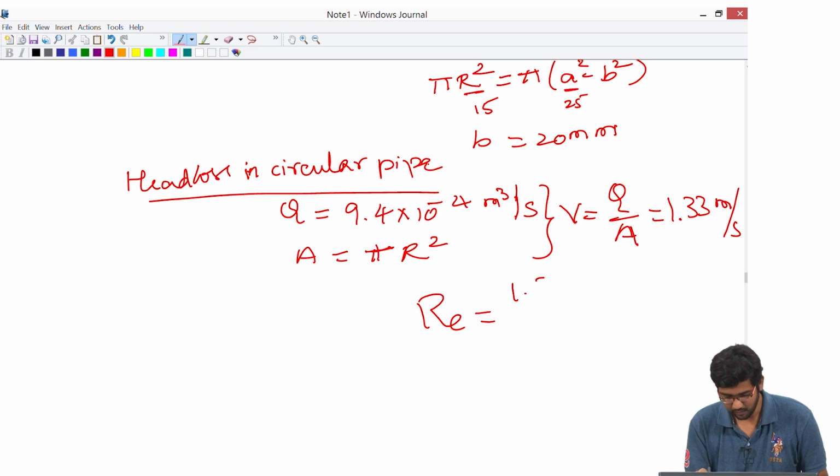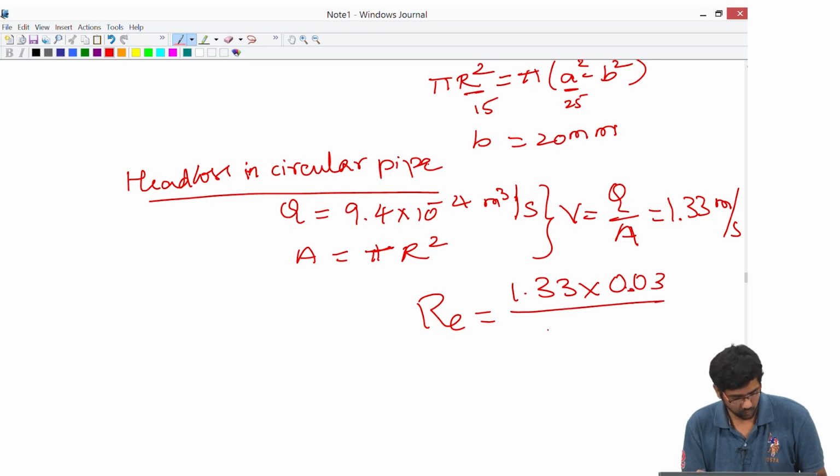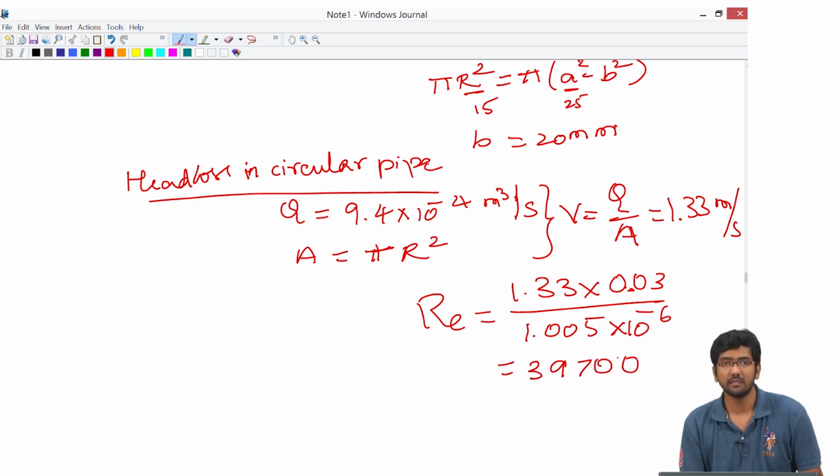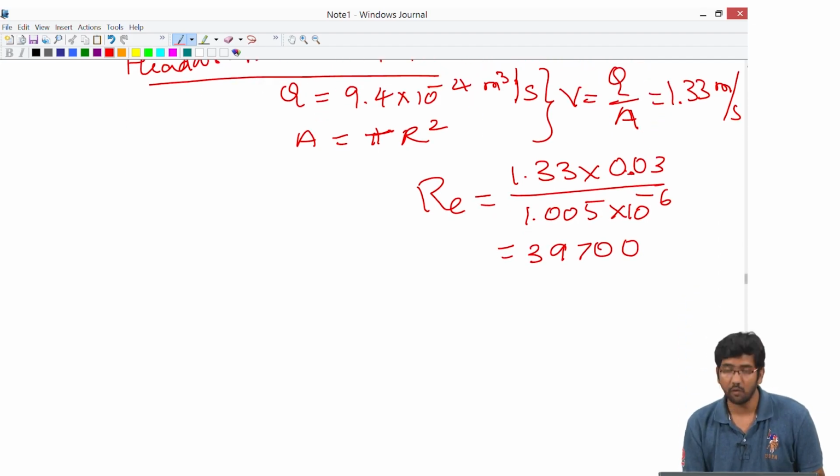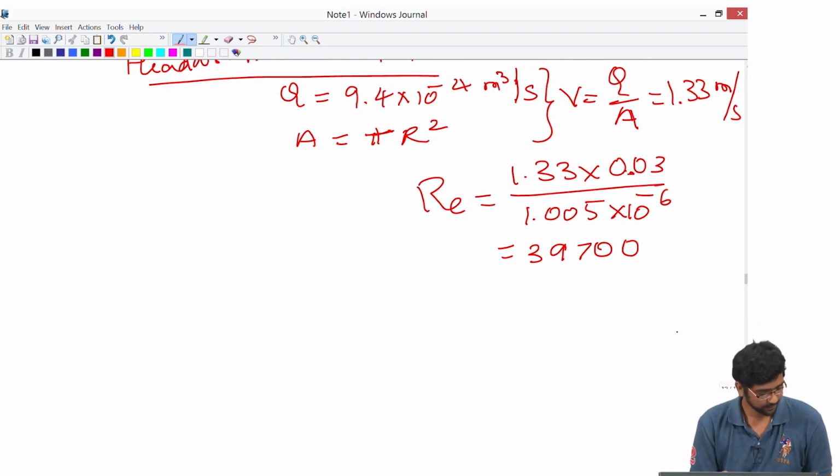With this information we can calculate the Reynolds number, which is V d rho by mu, or V d by nu. This is going to be 39,700, and therefore the flow is turbulent in this problem. Therefore, one needs to use the Moody chart to calculate the friction factor and use that to calculate the head loss.